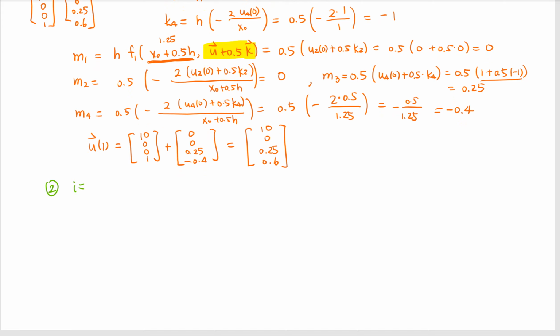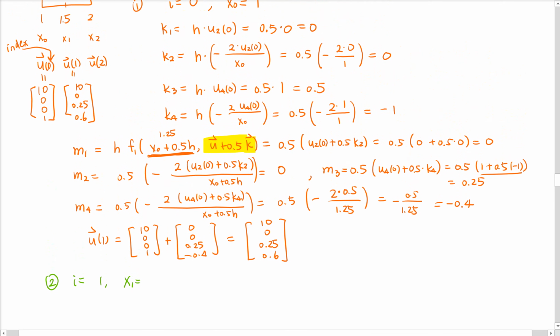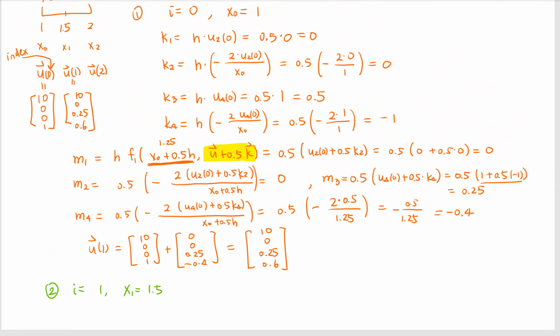Second step, when i equals 1, x1 equals, let's see, 1.5. So far so good. So K1 is the same formula, just increase the index, right? So H times U2 of 1. H is 0.5, U2 of 1 is 0.